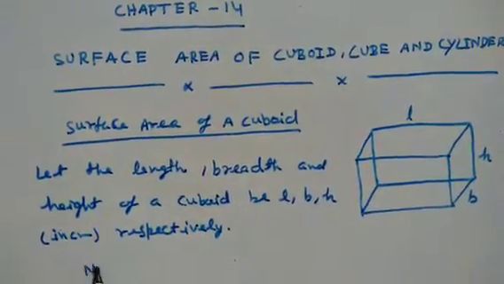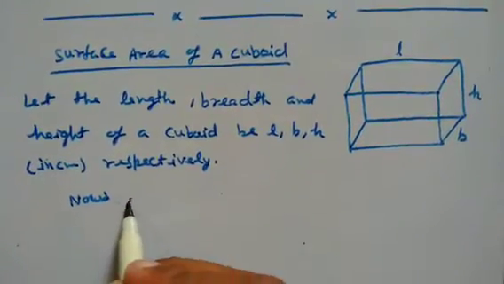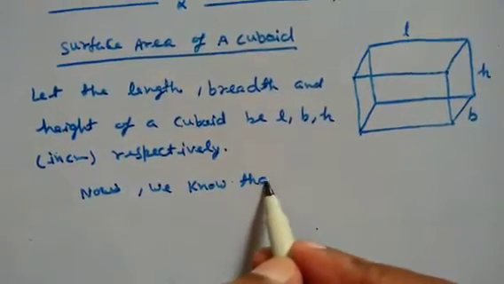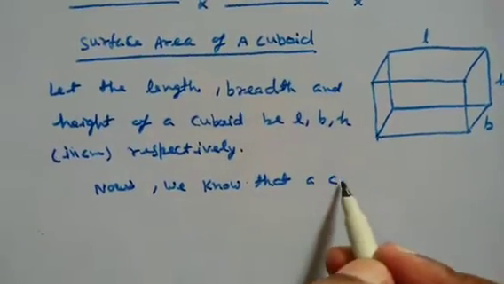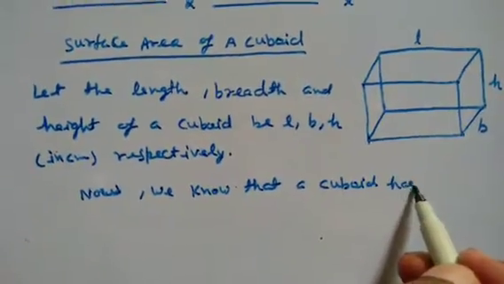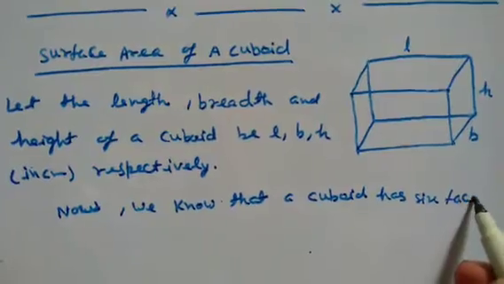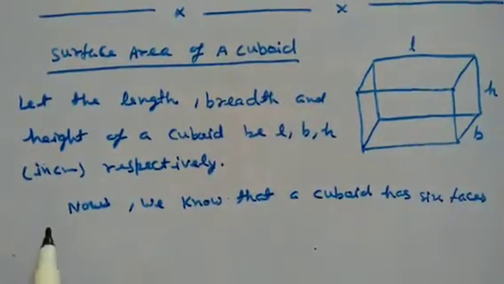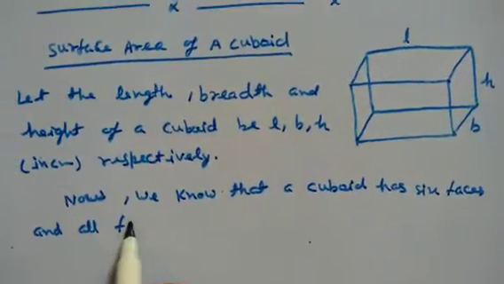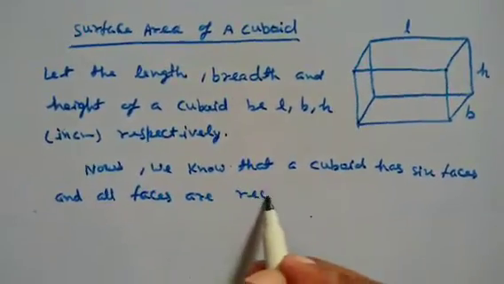Now we know that a cuboid has 6 faces and all faces are rectangles.